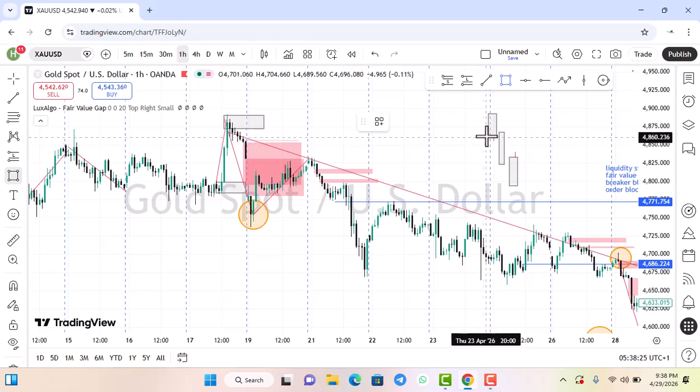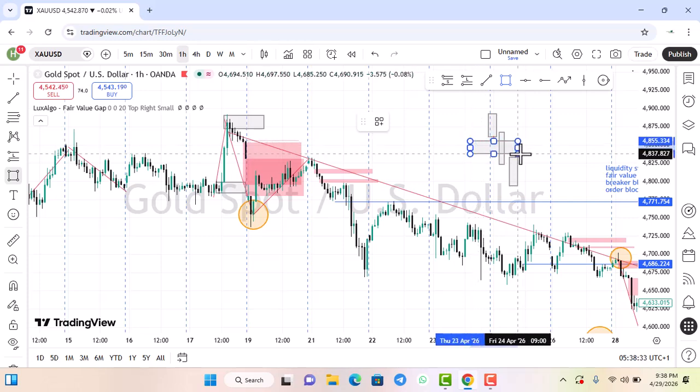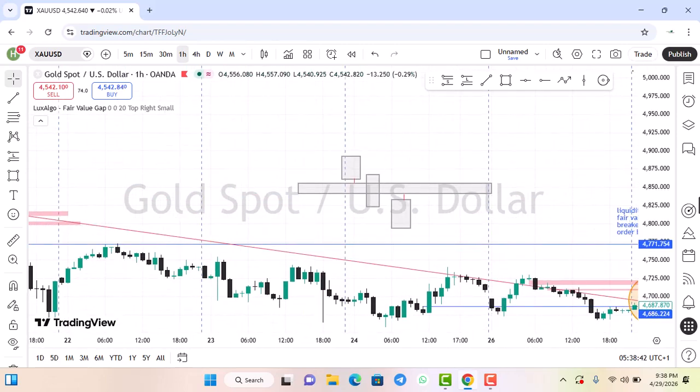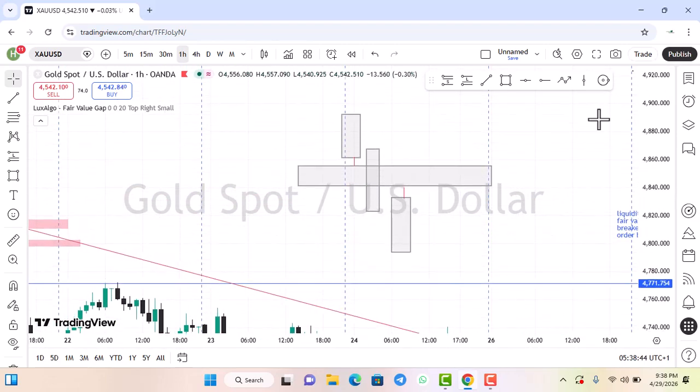So the gap between the wick of block A and the wick of block C is what we call fair value gap. Let me mark it so that you can see. This is the gap between the two wicks, right? This is the gap. So this is what we call fair value gap, right? Look at it, this point and this point.